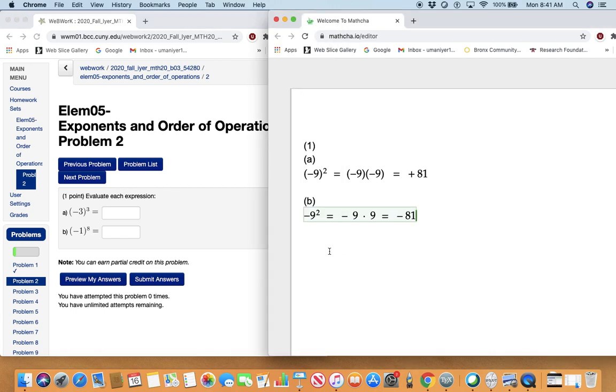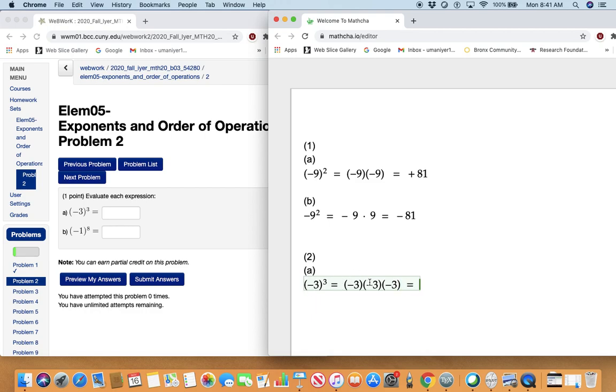Negative 3 power 3. So this is the second question, A part. Notice the exponent is closest to the parentheses, so the parentheses repeats 3 times because that's what the power says. Inside the parenthesis is negative 3, so I fill in negative 3 after repeating the parentheses.